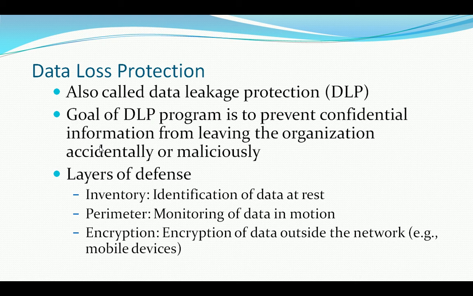So you still want that data to be able to leave, but you want to make sure it's encrypted all the way to the endpoint, to whoever the user is on the other side. Now, of course, once they get that data, it's up to them to encrypt downstream. You really have no control over that. But we've done our due diligence if we've encrypted the data down to their endpoint.